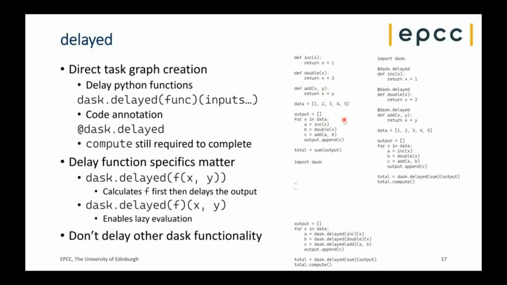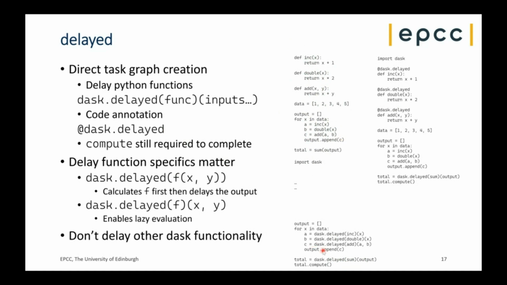Depending on how many workers I have, it should do these three function calls over 5 elements all at once, and then it should do this sum task at the end. But of course, it can't do this sum task in parallel until all the rest of these are finished.